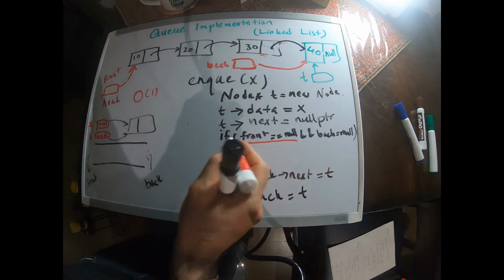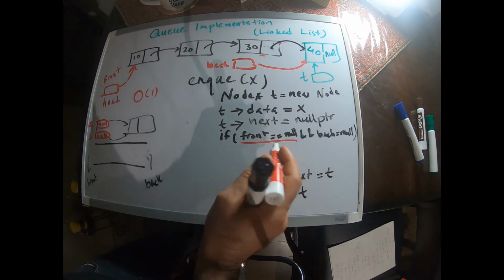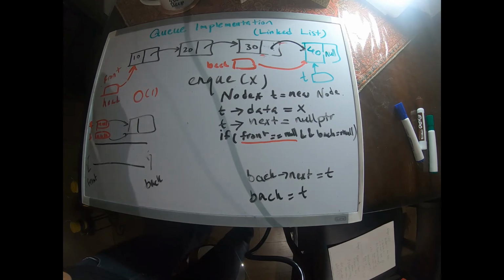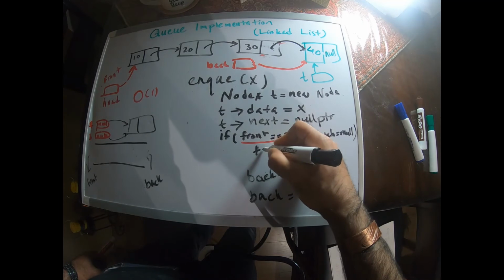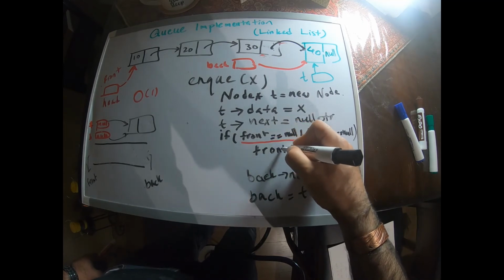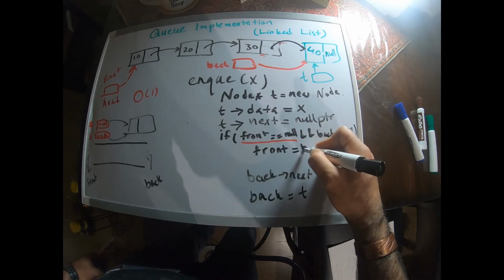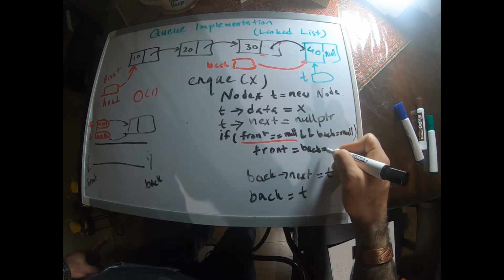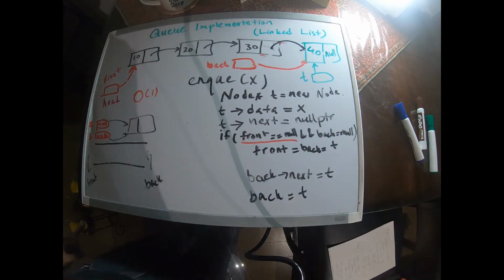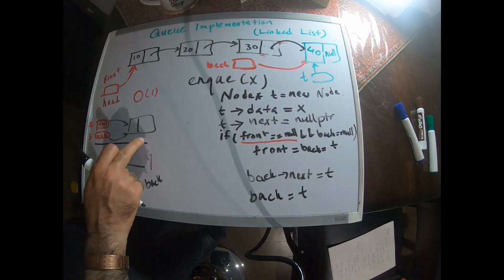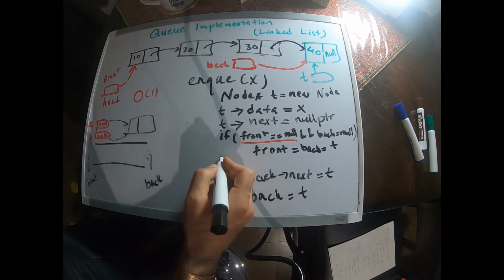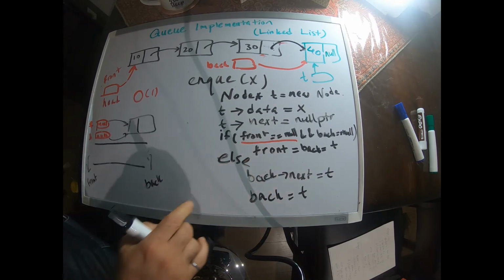Even only one of these conditions should be enough if you implement this correctly. Then we just have to say front is equal to back is equal to t. We just want to point both front and back to where this temporary pointer is pointing. Else, do this part.